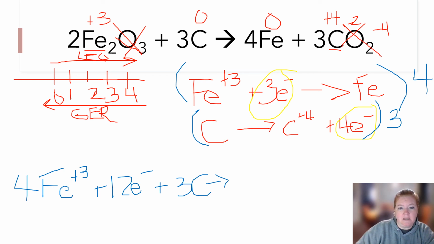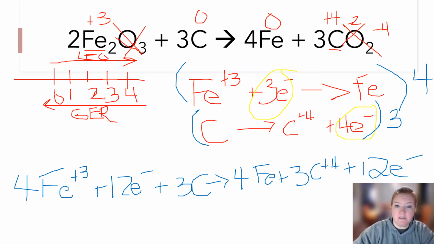And then yields on the other side for Fe plus 3C plus 4 plus 12 electrons. Okay, a little slanted because I was writing with a mouse, but there we go. We did it. We got all of the pieces. So this is how you would get there. This is what you would do.